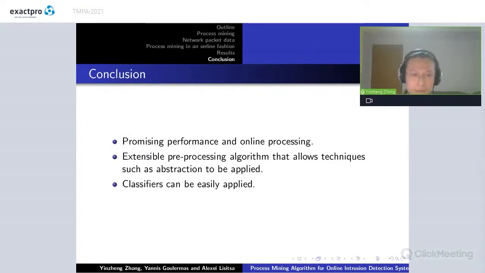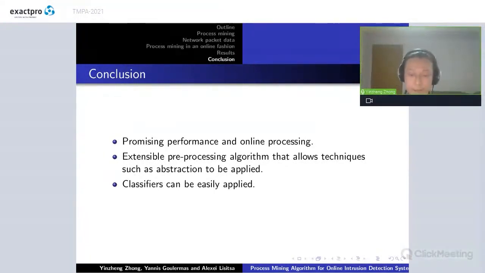Because we are doing it online, and with CSV flow meter, you have to wait for the connection to close, and then it generates an output. Our preprocessor generates output for each single packet, and that's the fundamental difference between our preprocessor and the CSV flow meter.